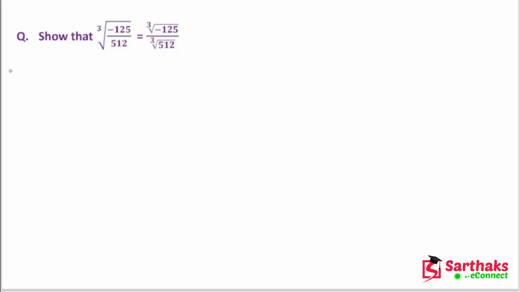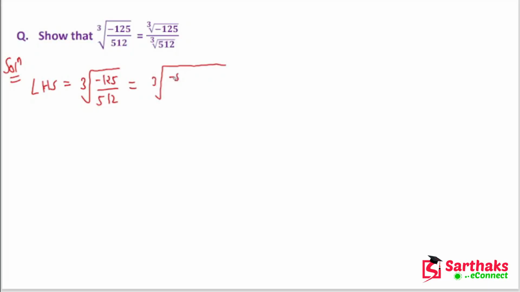Okay, so let us start again with the LHS portion. Now LHS is what? It is the cube root of minus 125 whole upon 512. So we already know that cube root of 125 is 5. So cube root of minus 125 would be minus 5. So it would be minus 5 into minus 5 into minus 5 whole upon 512, whose cube root is 8.